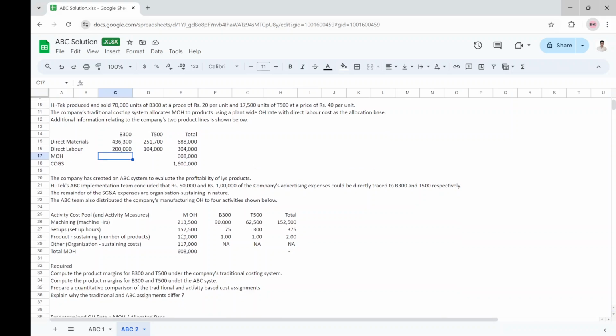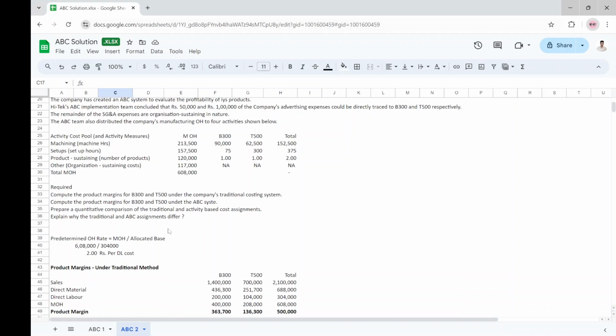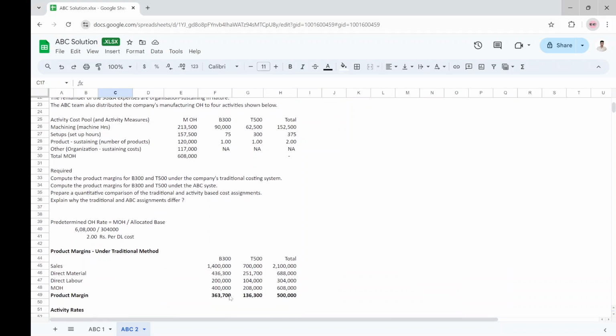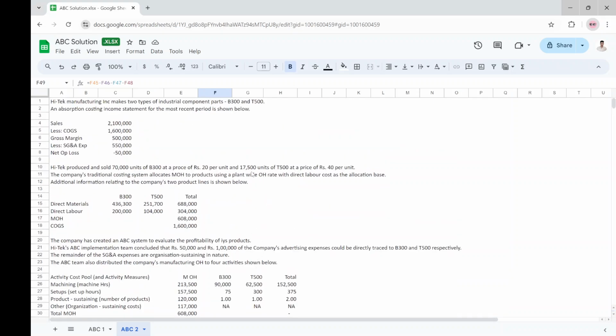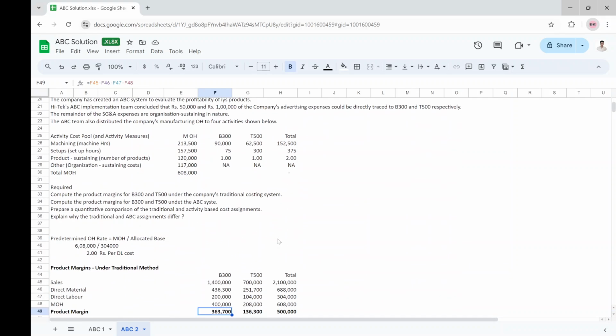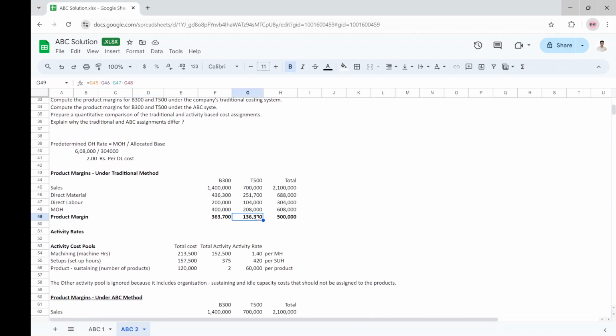So we will get, and after that, if you see, we will get the product margin. Same for the T500: if you calculate 17,500 into 40, you get revenue, minus direct material, direct labor, and MOH will be 104 into 2, 20,400, 20,800, and you'll get the product margin. If you just add those two, you'll get these values.